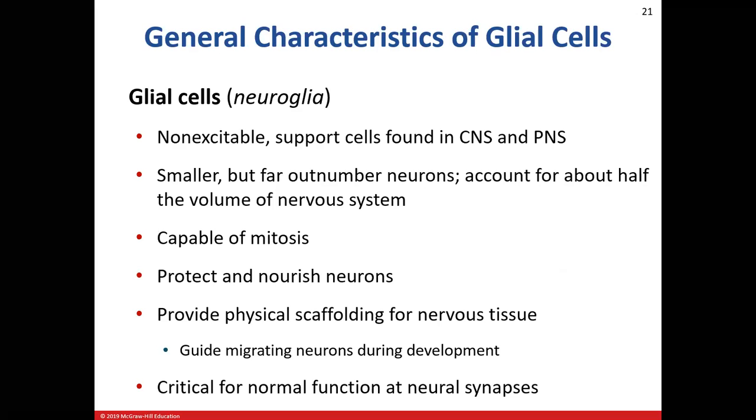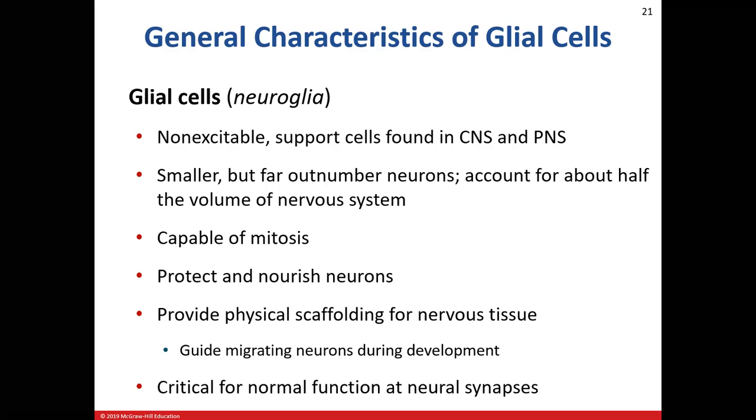So now that we've talked about the neuron, let's talk about some other nerve cells that we find within the nervous system. Our major type is what we know as glial cells. Glial cells are non-excitable cells, so they don't pass an action potential like our neurons do.